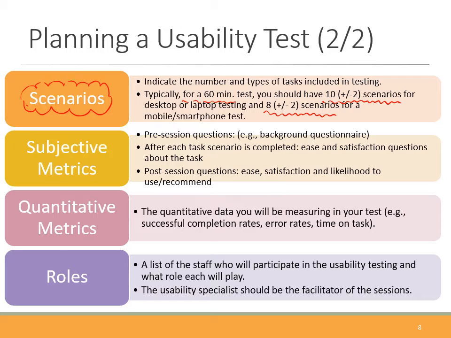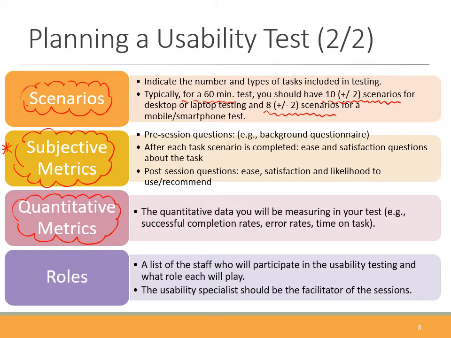And the next item that we need to consider is metrics for the test. The metrics define what we want to measure, right? So there are two types of metrics here that you can see. Quantitative metrics in the below one and subjective metrics, the above one. So I will go to the subjective metrics first.